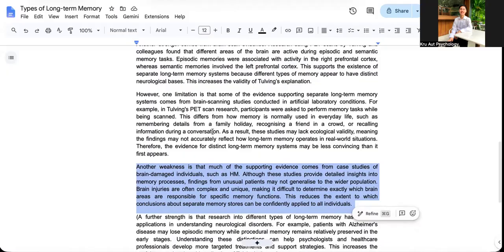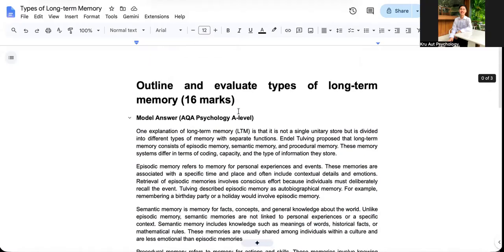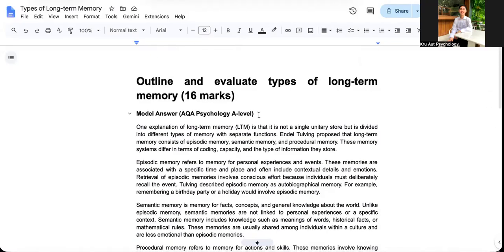So when there are better weaknesses to use, use those, because we can't say that every single topic cannot represent people in the population. But since there's nothing else to really talk about here, this is the reason I evaluated the HM case study and then mentioned that others are different to him. It means that types of long-term memory may not be representative of others in the population.